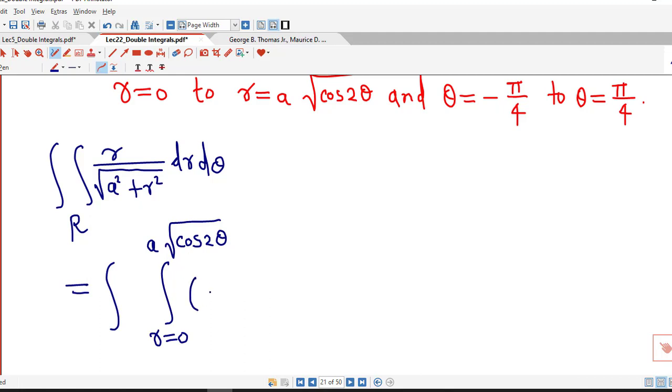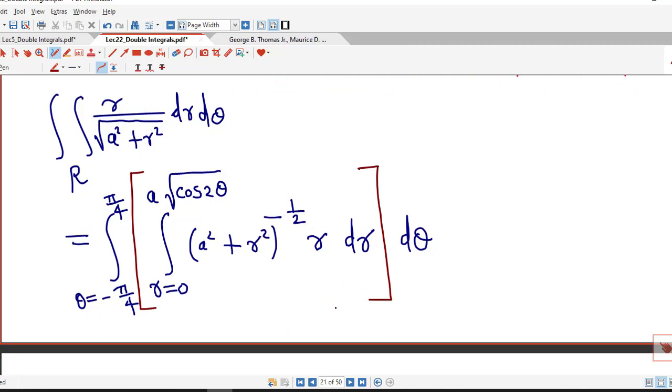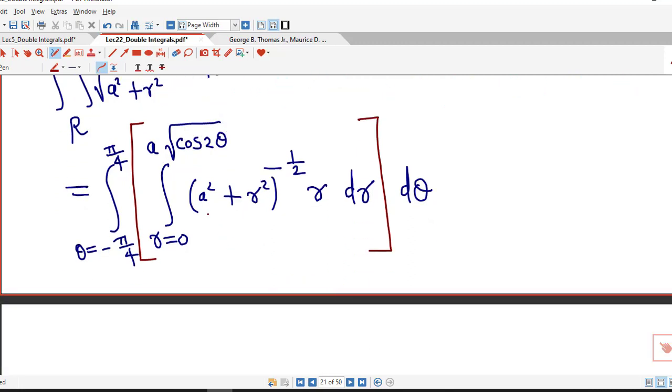We can rewrite 1 upon under root a square plus r square as a square plus r square raised to minus 1 by 2, into r dr, then with respect to theta, from theta equal to minus pi by 4 to pi by 4. And here, as always, the first integration is with respect to r, considering theta as constant. So now we have to integrate this function with respect to r, and here theta is constant.